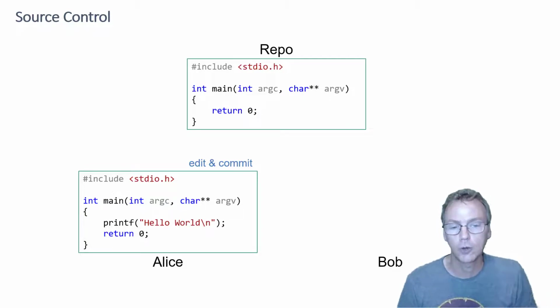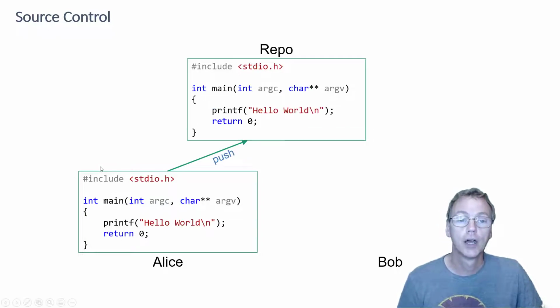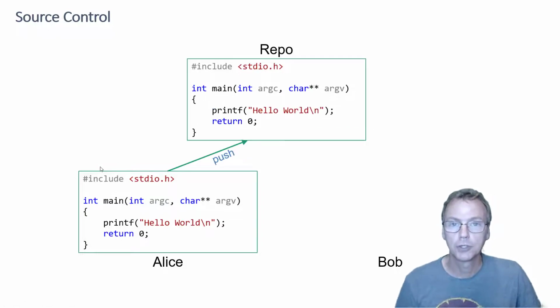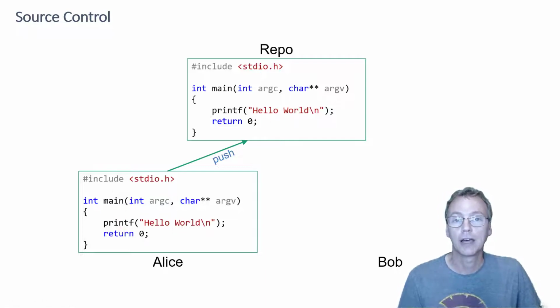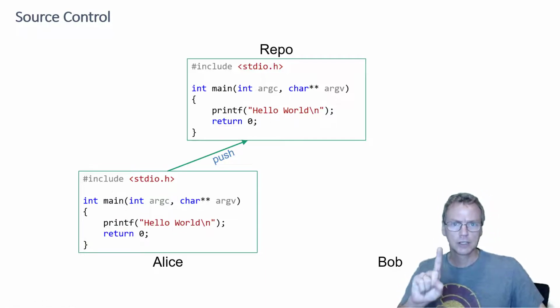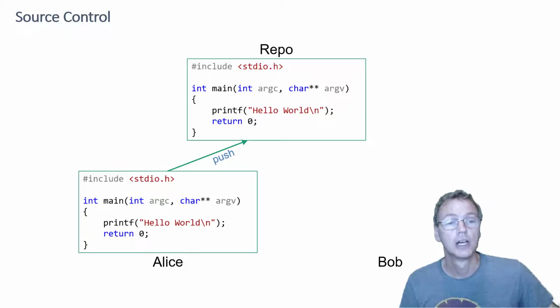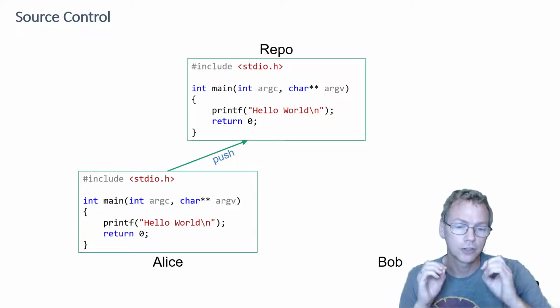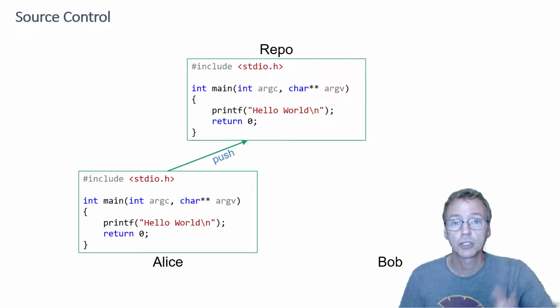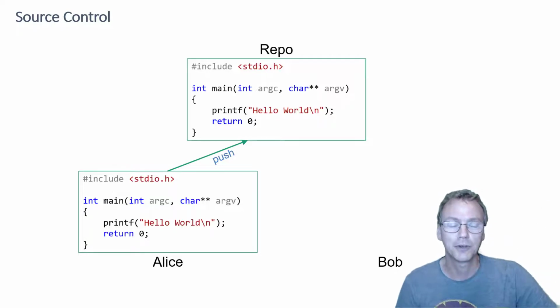A little summary goes there, and then once that is done, you can push it up to the server. And so now, once Alice has done her push, the repo has an exact copy of what Alice has. In Git, the commit itself only happens on Alice's local hard drive. The push is required to get it up to the server.